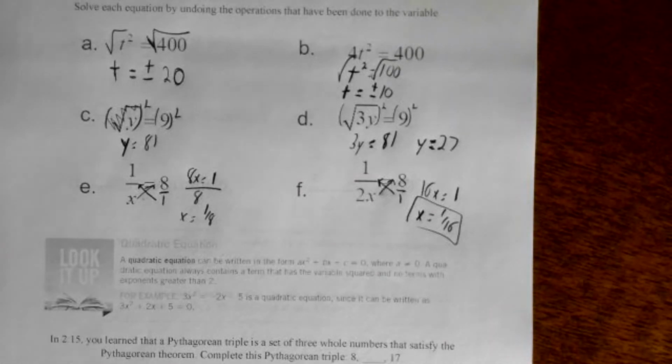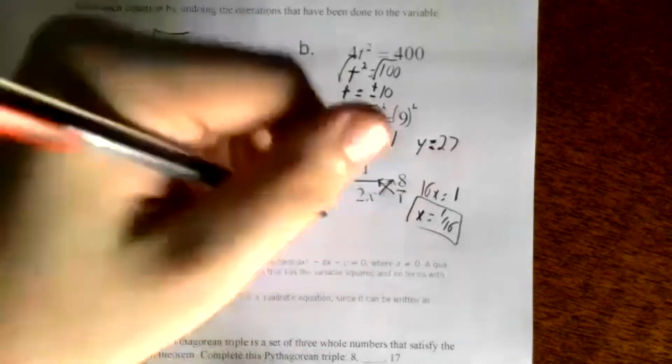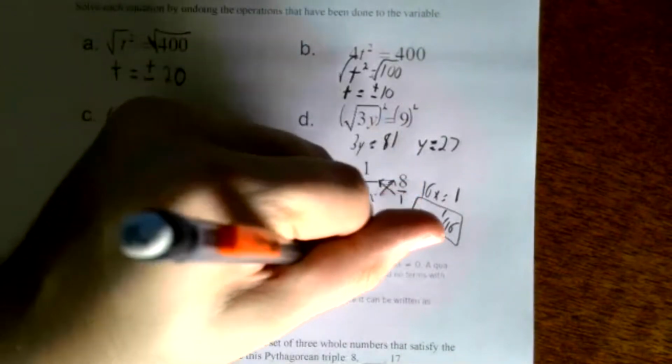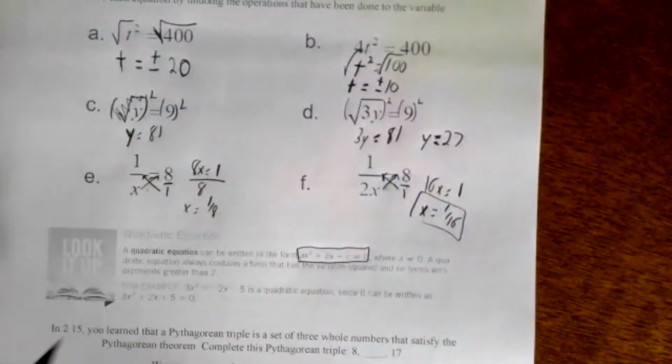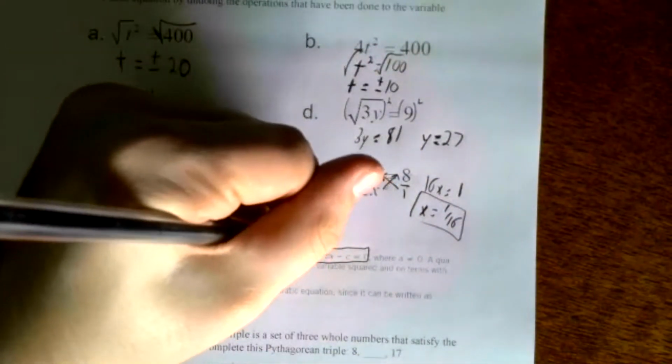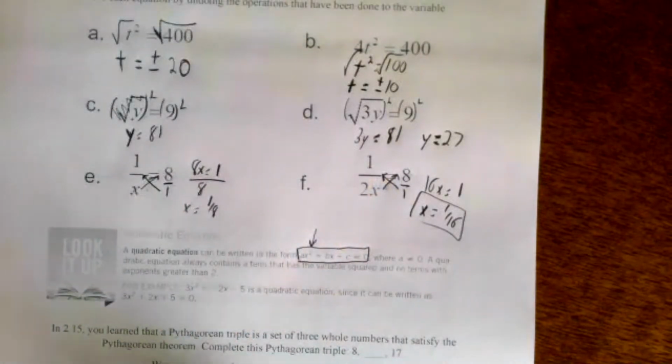Okay, so I'm going to introduce you to something called a quadratic equation now. So a quadratic equation, we have it written in this form, ax squared plus bx plus c equals 0. Okay. So this ax squared, the reason it's a quadratic is because we have that squared right here for our variable. So as long as the biggest term is an x squared, it is a quadratic equation.